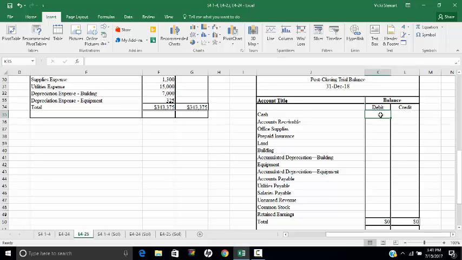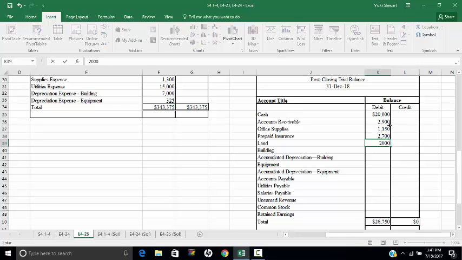So except for retained earnings, all of our permanent accounts should still have the same balances in the general ledger that they had for the adjusted trial balance, but we're going to go ahead and list all of them in our post-closing trial balance and check our balances to make sure that our debits and our credits equal.